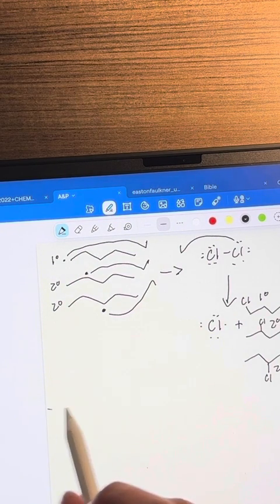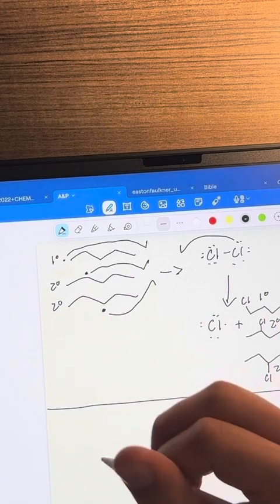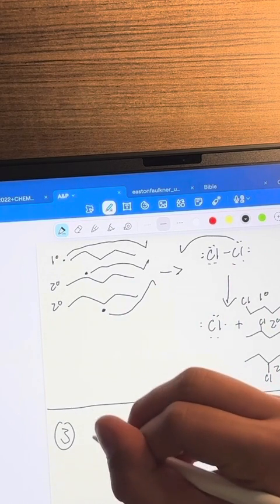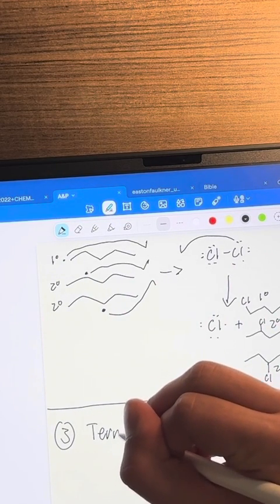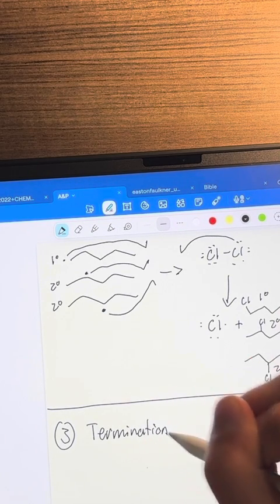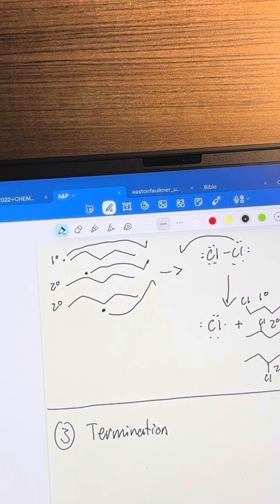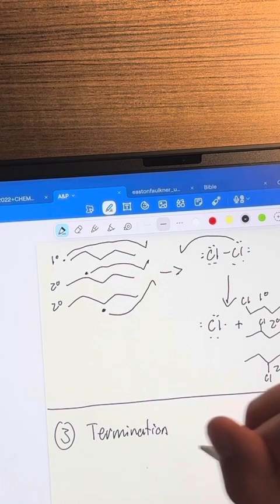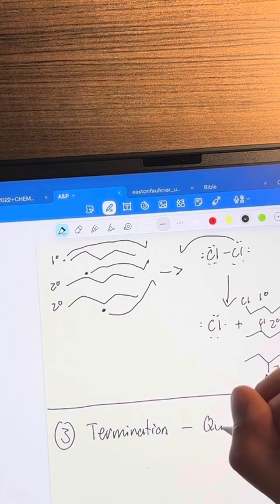I'll draw a line to show here. Step 3, which is termination. Now we try to avoid this part of the reaction if at all possible, because it will immediately shut down the whole mechanism. This is also known as quenching the radicals.